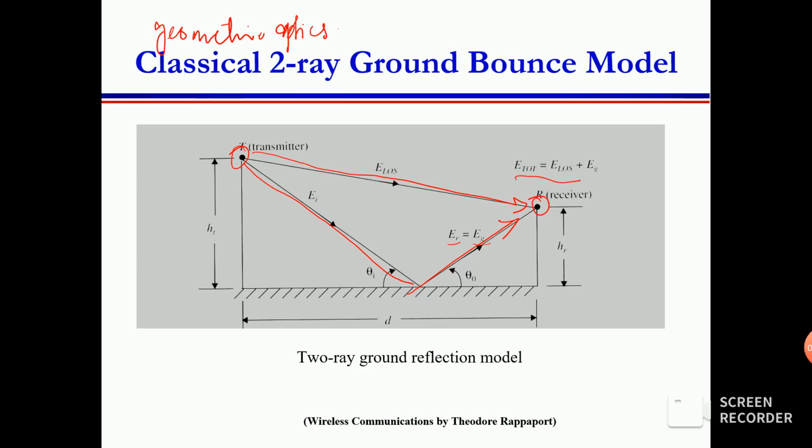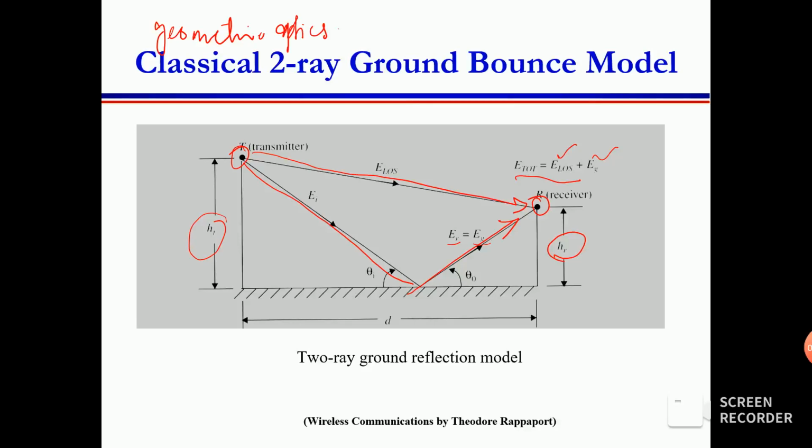The total received electric field E total is the resultant of the direct line of sight component ELOS and the ground reflected component EG. In the diagram, HT refers to the height of the transmitter and HR refers to the height of the receiver.